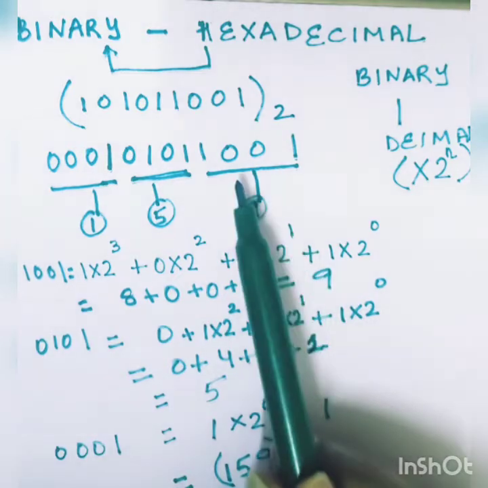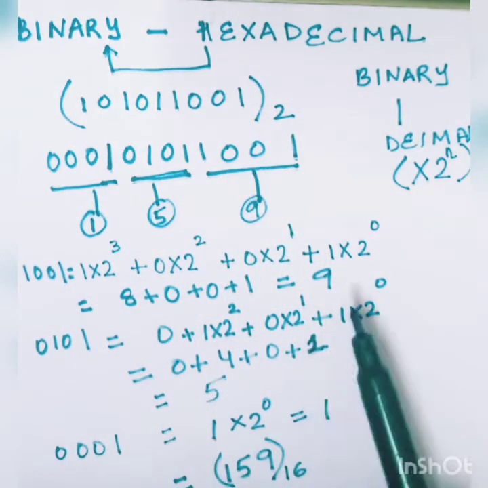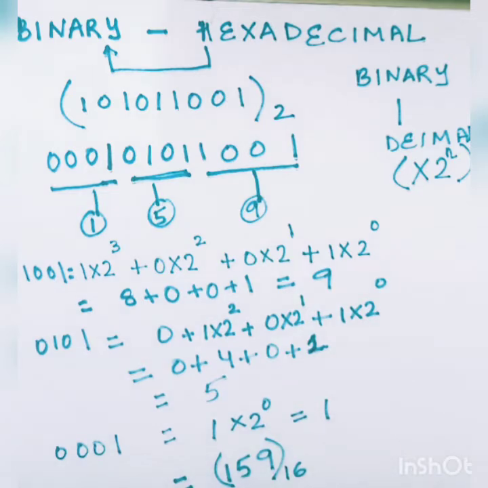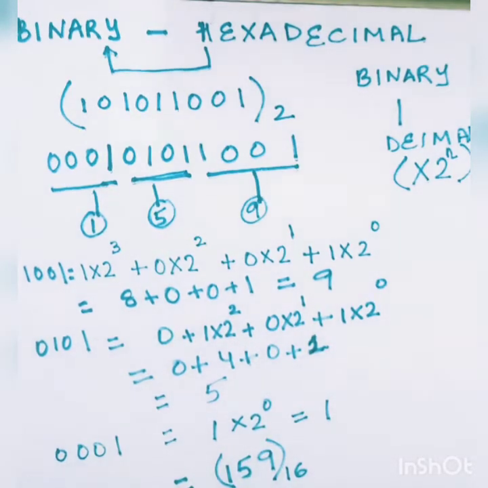After that, individually convert the groups into decimal and then simply join them. And we get the hexadecimal equivalent of binary. Okay, so this is how we convert binary to hexadecimal.